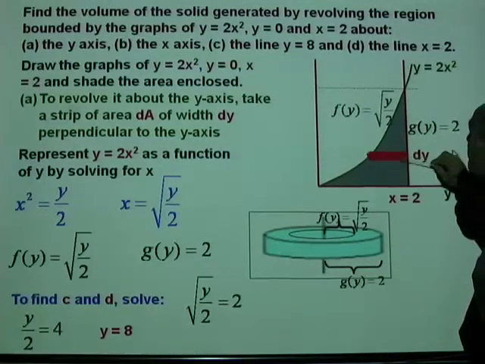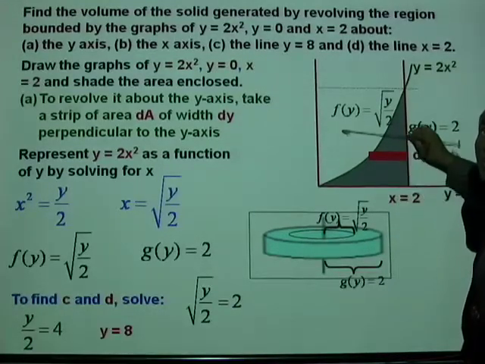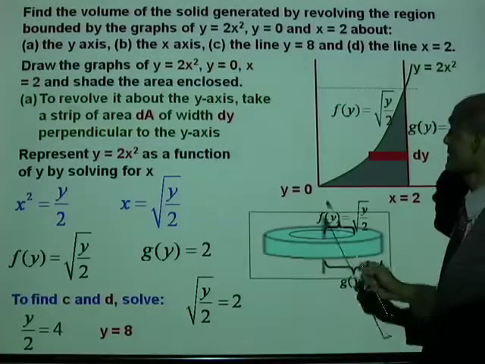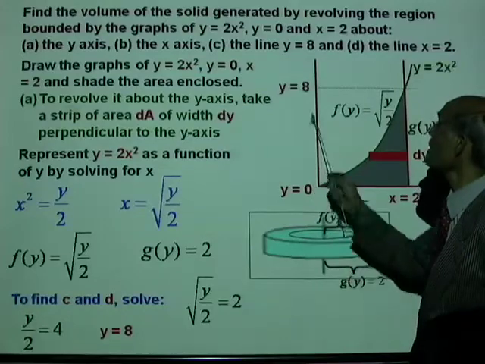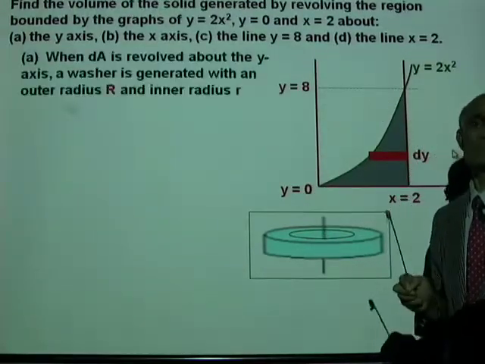That means the position of this element area can change from y equal to 0 all the way to y equal to 8. That's right. So y equal to 0 is the lower limit, y equal to 8 is the upper limit.